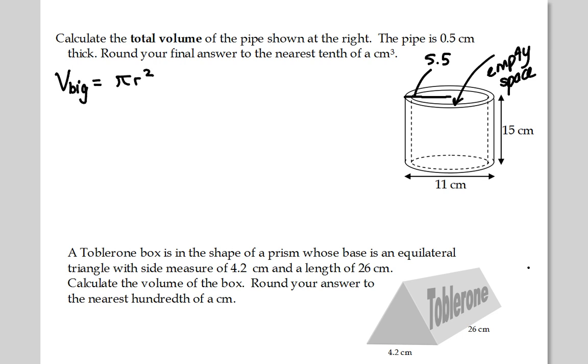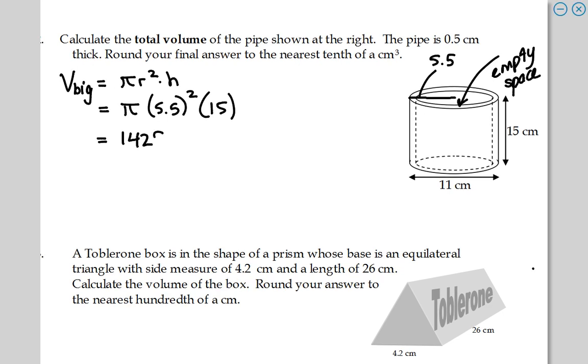Pi r squared h, 5.5 squared times 15. We'll have to subtract volumes. Okay, I got about 1425.5 centimeters cubed.